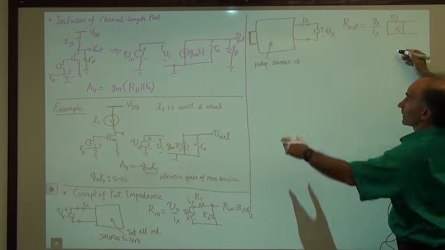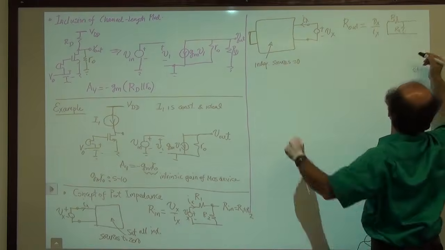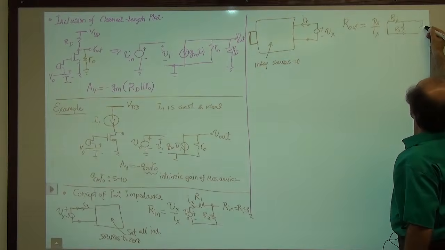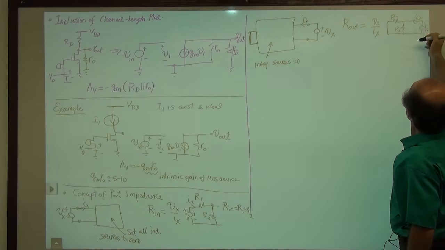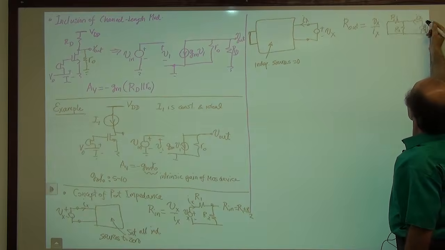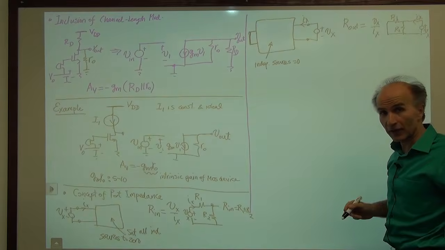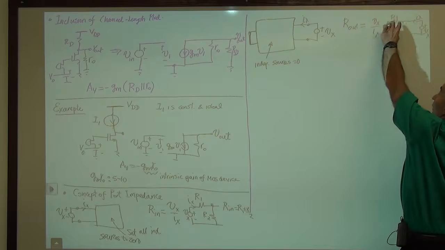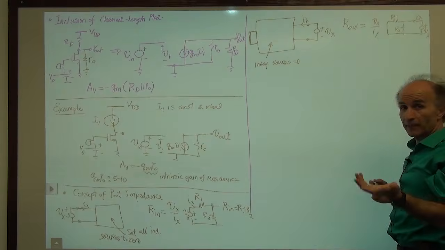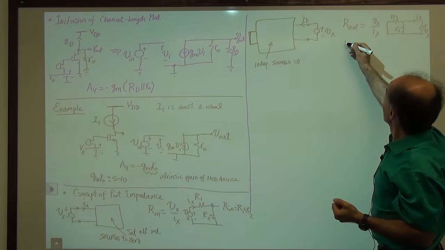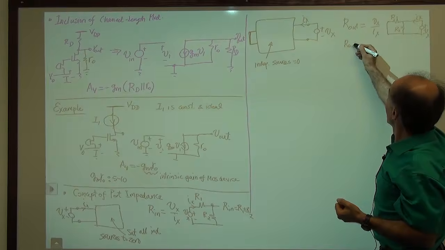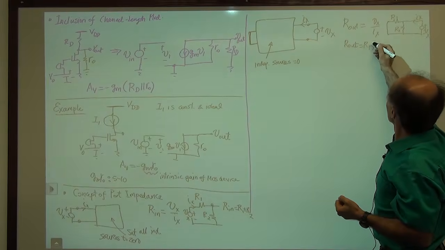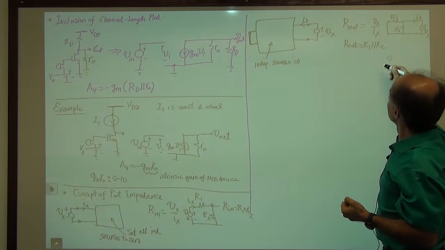This is inside the black box here, right, with all the stuff. So now I come along and I apply Vx from outside, and I measure Ix. And of course, in this very simple case, I don't have to do much calculation. I can see that R1 and R2 are in parallel. So here, in this example, Rout is equal to R1 in parallel with R2.